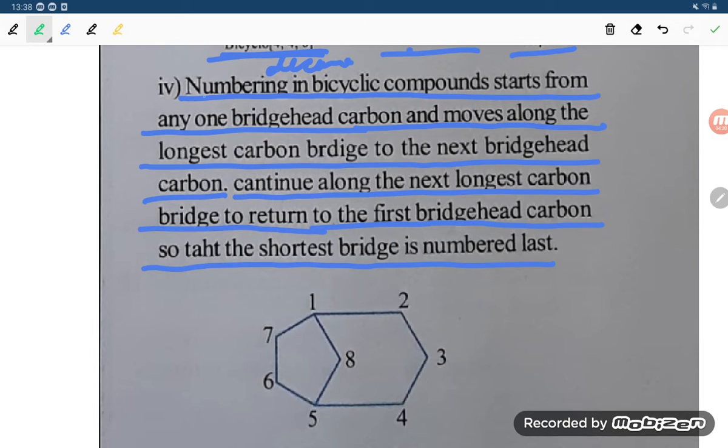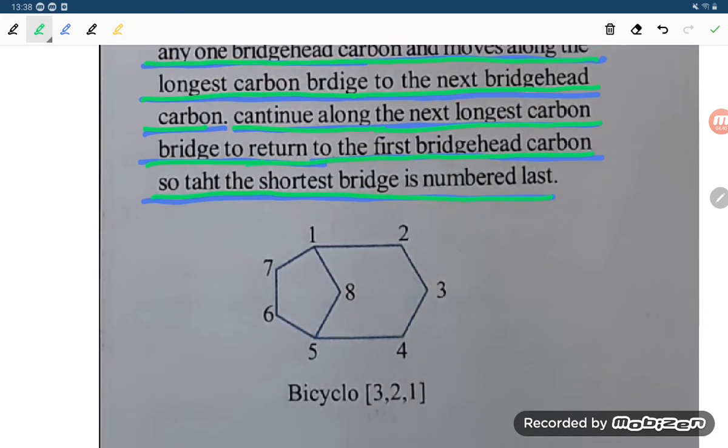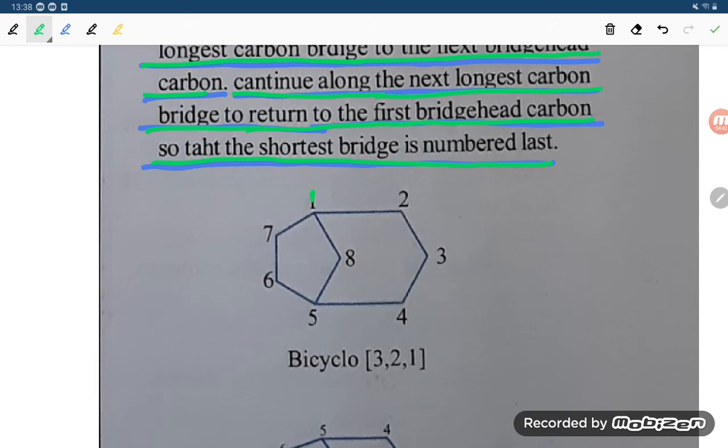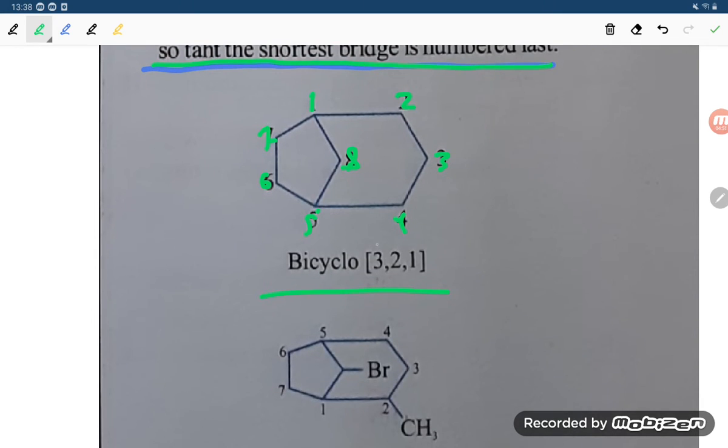Here, if you see, we continue 1 2 3 4 5 6 7, then the bridgehead 8. Bicyclo 3 2 1 octane.